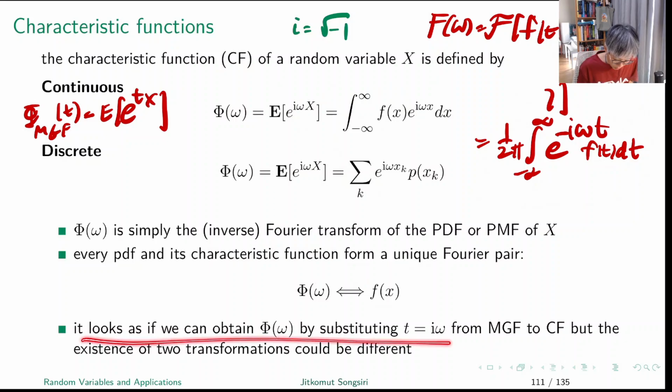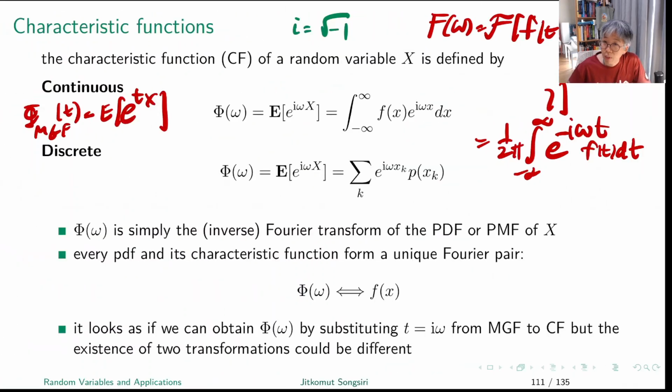What I said in the previous video, that the MGF forms a unique pair with the PDF, I said in a loose sense. What I actually meant is the CF, because the CF is closely related to the MGF in this way.